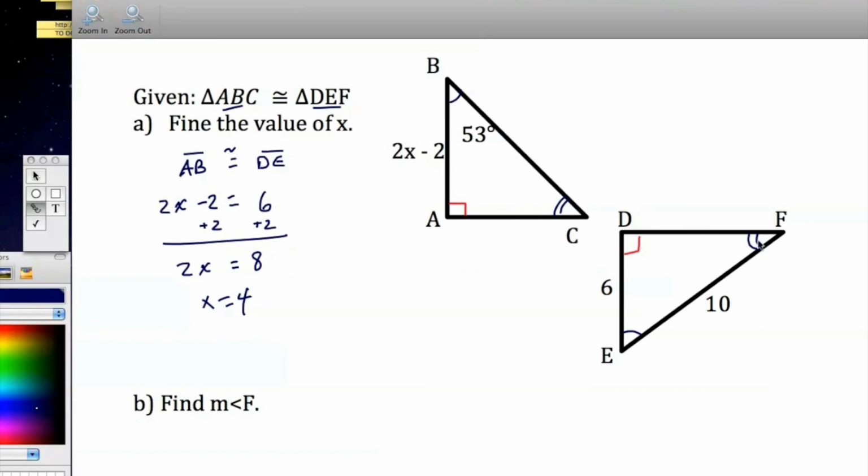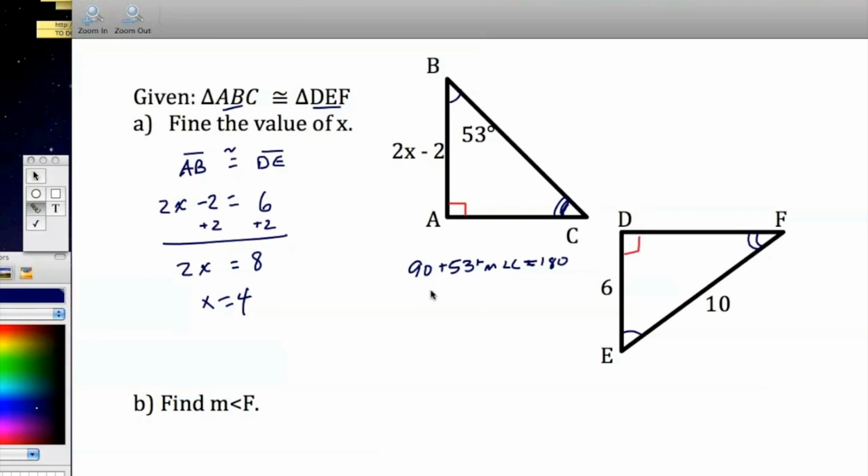Well, since I marked this already, F is marked with 2 tick marks. And this one's marked with 2 tick marks. Unfortunately, I don't have this angle. But what I do know is that this is 53. Well, if I have 53 and 90, I've got 90 plus 53 plus the measure of angle C is equal to 180.